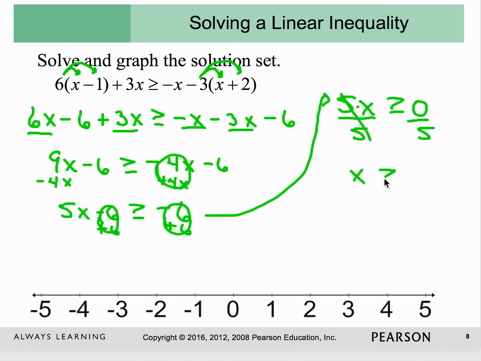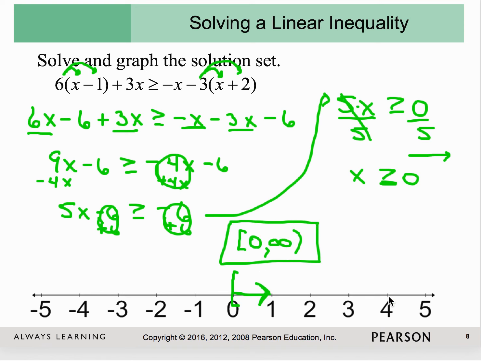So x greater than or equal to 0. The arrow's pointing that way. So parenthesis or bracket? Bracket facing this way on 0. Draw your arrow. All right, and then interval notation looks just like this. So I have a bracket on 0, positive infinity, with a parenthesis.